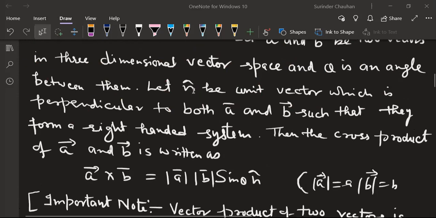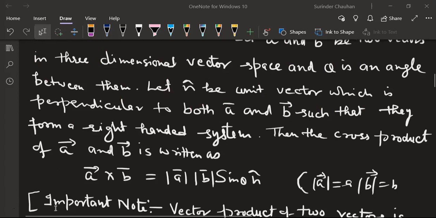Let unit vector n be the vector which is perpendicular to both vector A and vector B, such that they form a right-handed system. It is important: if the n, vector A, vector B do not form a right-handed system, we can't find their cross product.